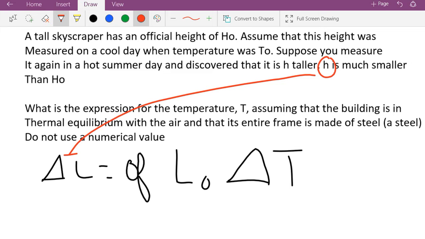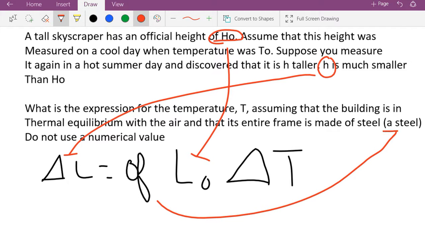Then we have the initial length, which is actually going to be right here, h naught. And that just leaves alpha, which is really just going to be our alpha steel.